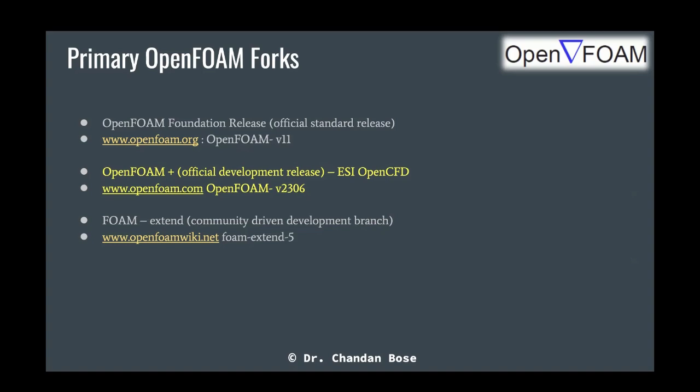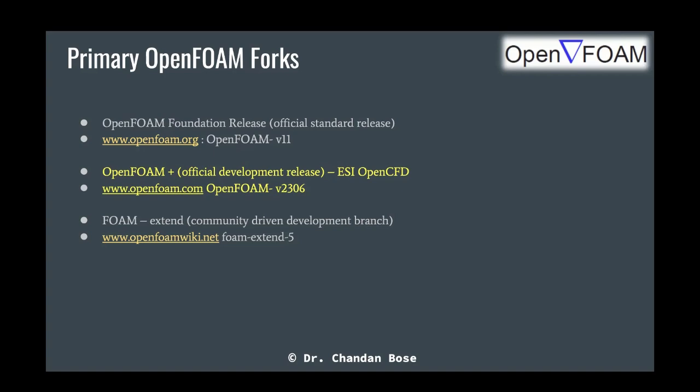One is hosted by the OpenFOAM Foundation, which is openfoam.org. The other one, which I will be showing today, is hosted by ESI OpenCFD, at openfoam.com. And the third one is again mostly community-driven development, which is hosted as Foam-extend.